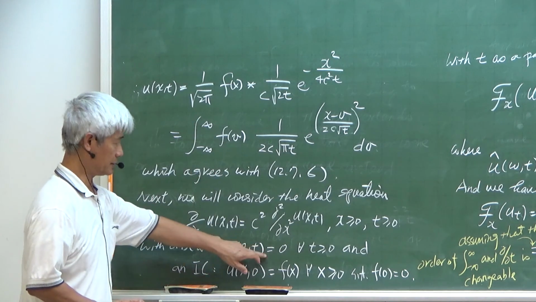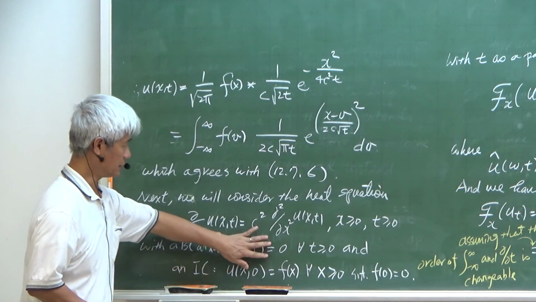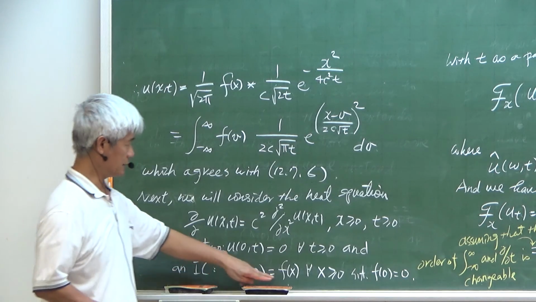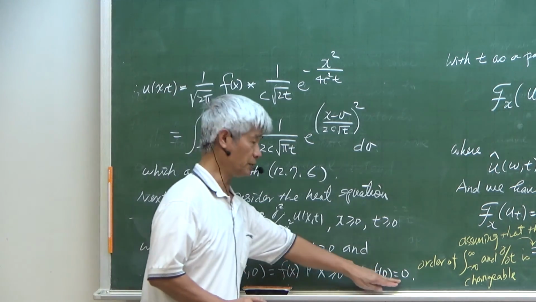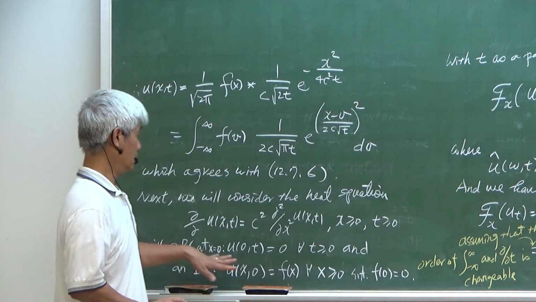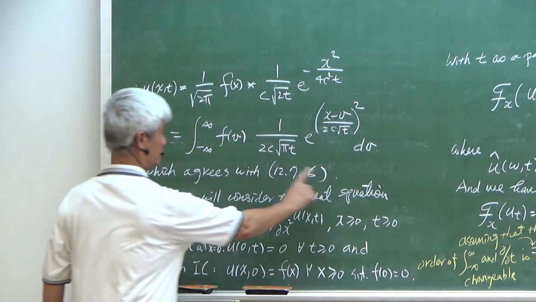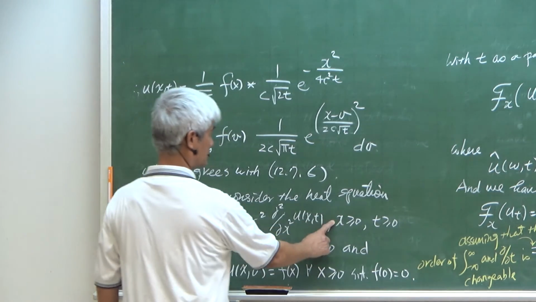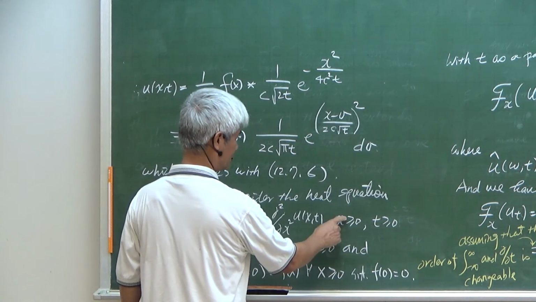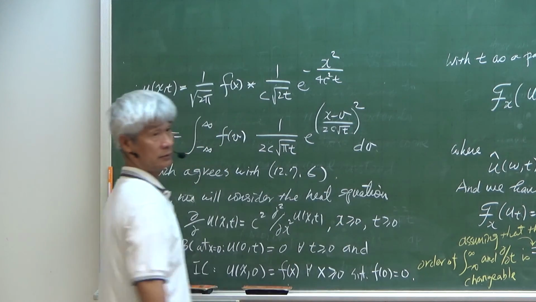So it is homogeneous, right? But we still have an initial condition. But here, because of the boundary condition, f(0) should be equal to 0. So we will solve this equation, and x is not from minus infinity, just x greater than or equal to 0.